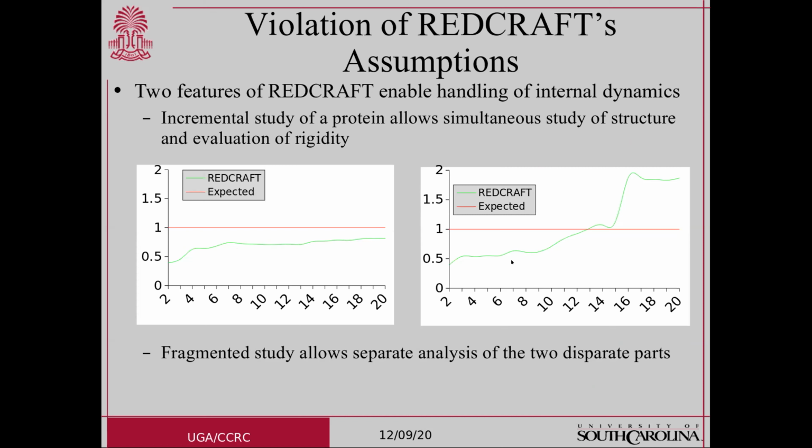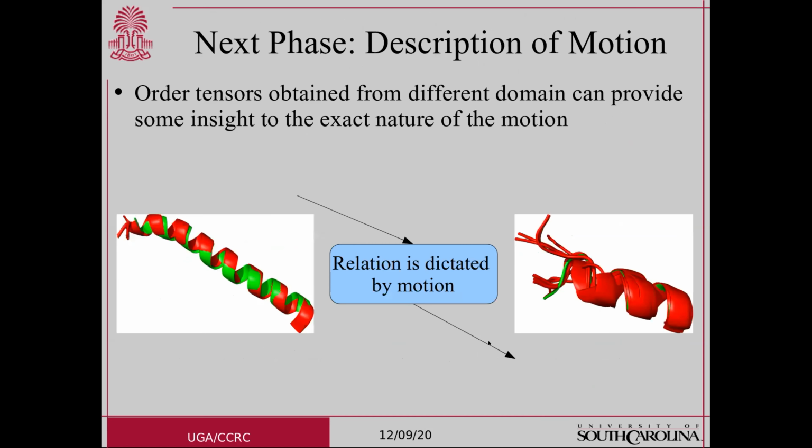But you will continue, and at some point you will see this major jump indicating that there's a discrepancy between the protein starting from residue 16, in this case 15 onward, and the previous segments. So the two portions of the protein are operating under two tumbling anisotropies, and therefore there is potentially internal dynamics to look at. So once you have identified individual domains, then you can obtain the structure of the two domains.